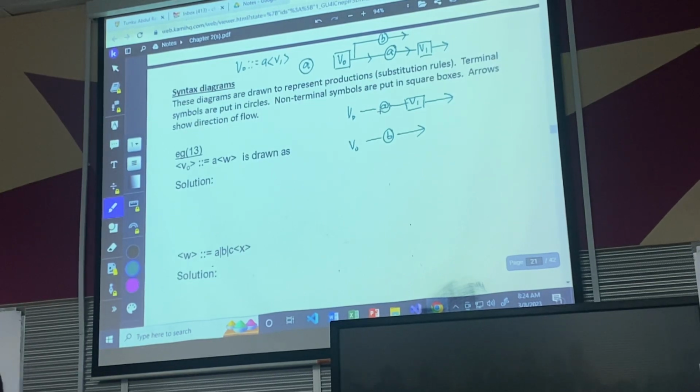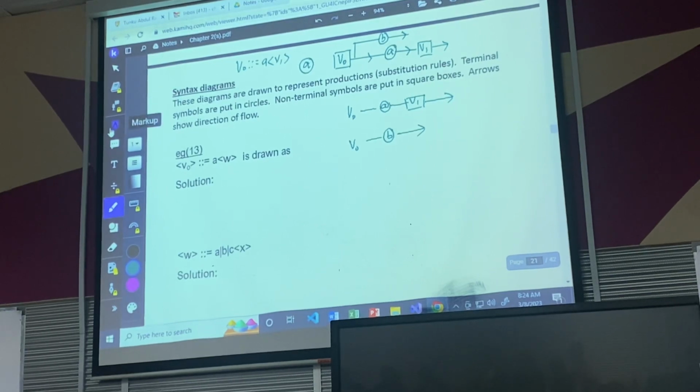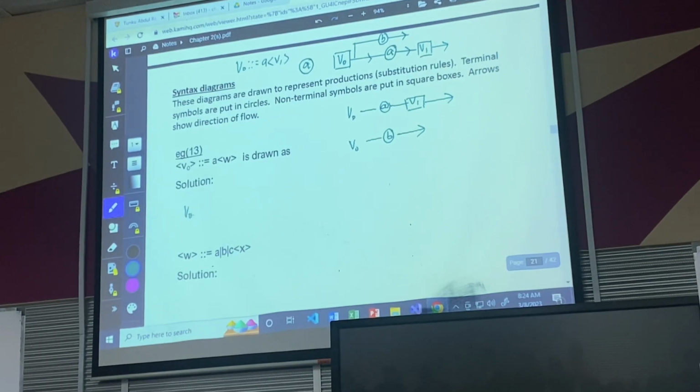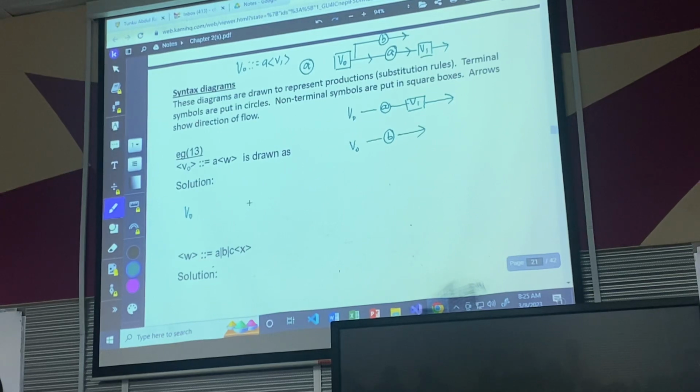Okay, so now we look at syntax first. So for example, V0 with AW. This one starts with V0. Now the starting point, whether you draw the rectangle or not doesn't matter, but the ones inside you need to draw the rectangle.